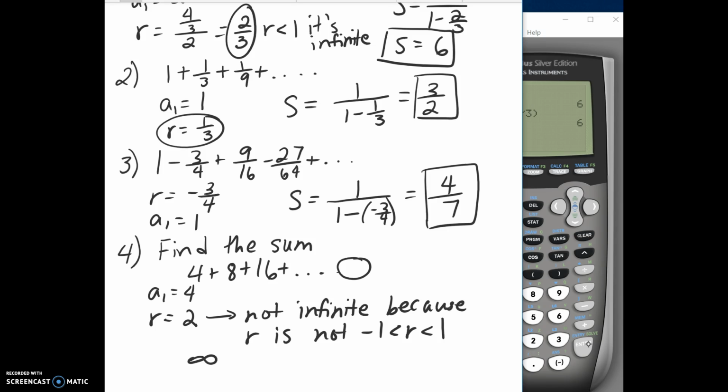You could put infinity, but you can't find the sum without a last term. There will be something similar to that on the practice, and there will be some application problems where you'll have to use the idea of the infinite sum to solve.